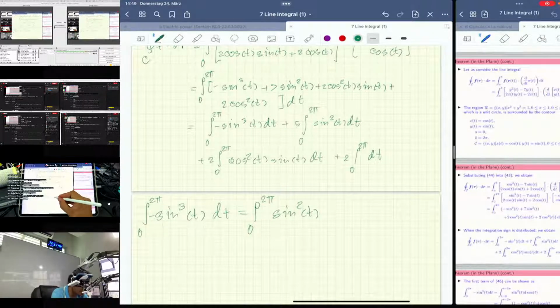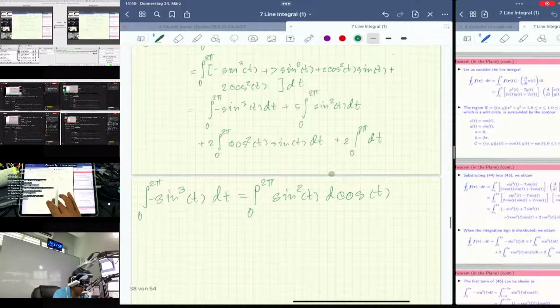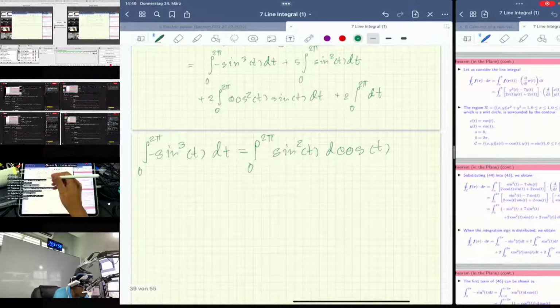And because here you could say it's d cosine t, right? Because d cosine will give you negative sine t, so we don't have to write down negative anymore. And we get cosine t here, okay? And one need to mention this is t equal to 2 pi, t equal to 0.